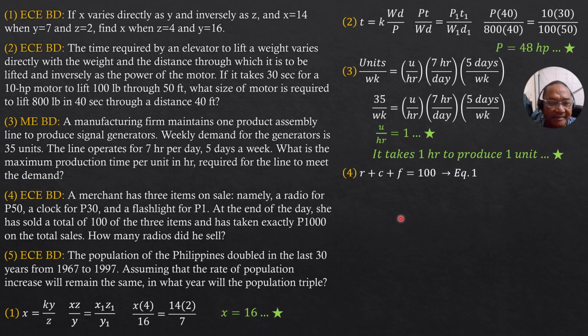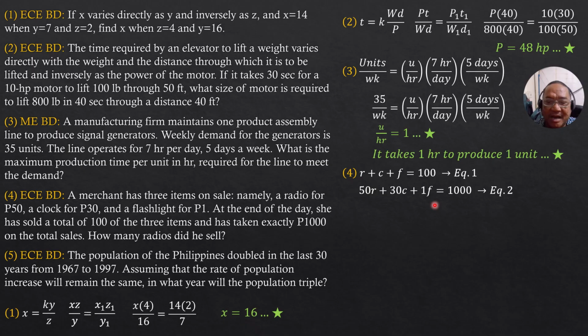And for the second, based on the sales, 50 pesos per radio times R plus 30 pesos per clock times C plus 1 peso per flashlight times F equals 1,000 pesos. So that is 50R plus 30C plus 1F equals 1,000 pesos.